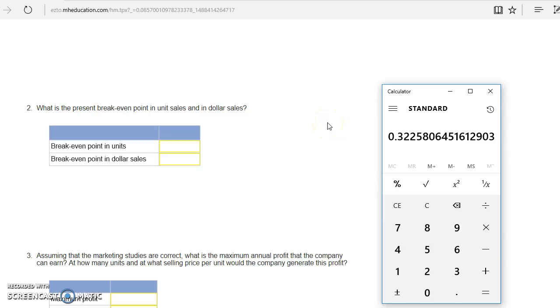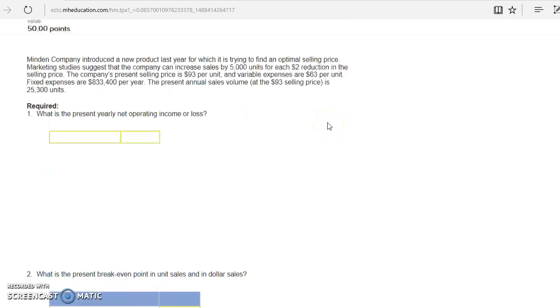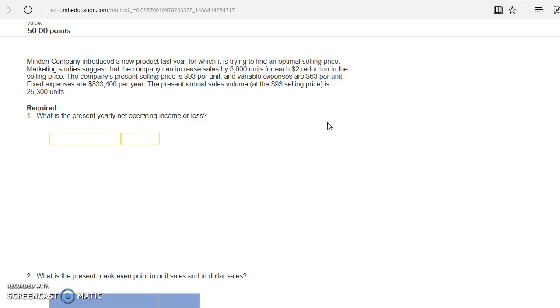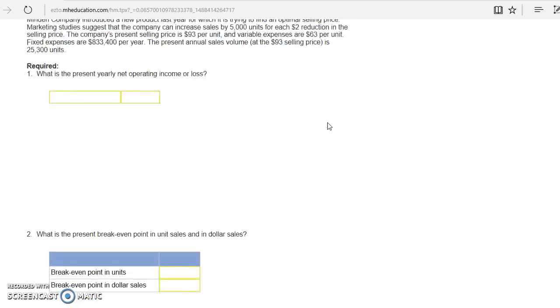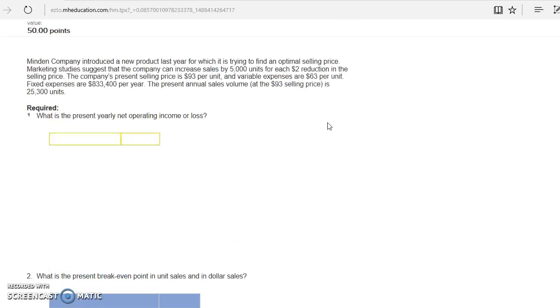So let's see what our fixed costs are here. Our fixed costs are $833,400. Of the $93 that I'm charging, 63 of that goes towards the cost of the bikes.